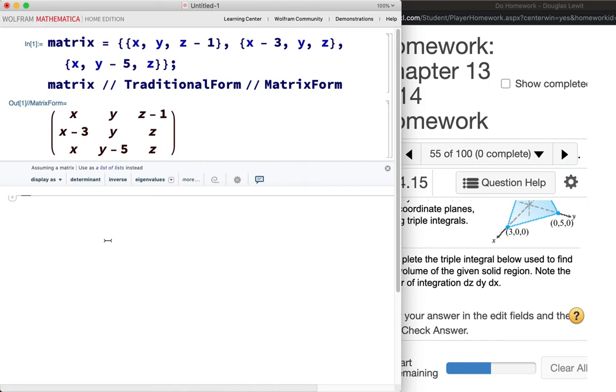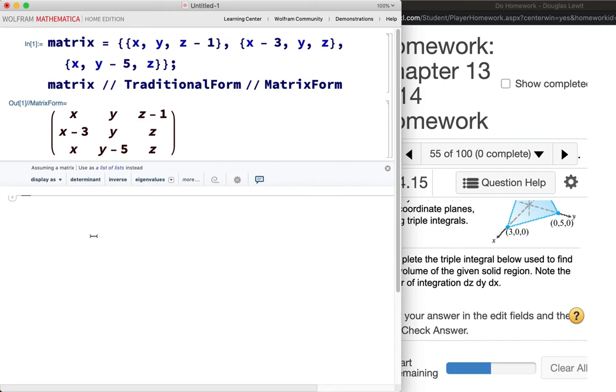So remember, a plane has 0 volume. In 3-dimensional space, a plane has no volume, which means the determinant is going to have to be 0. The determinant is more of a linear algebra concept than a calculus concept. However, Calculus 3 and linear algebra are 2 courses that go extremely well together, and they share many of the same topics.